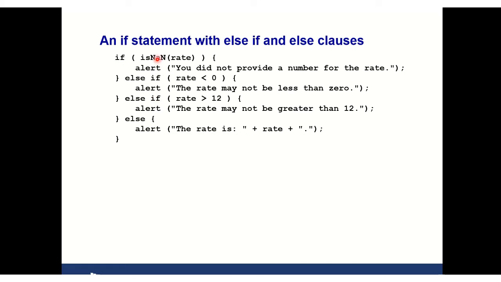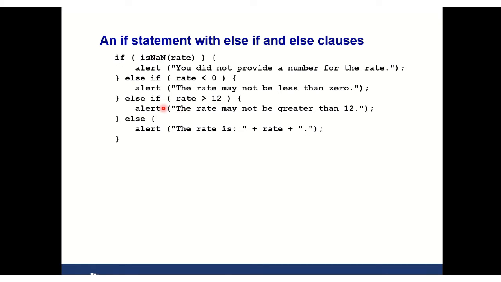But then if the rate is numeric, you would do further validation of the rate. If it is less than 0, it does not make any sense. If you talk about an interest rate and it is less than 0, it doesn't make any sense. So you say that the rate may not be less than 0. But then if the rate is more than 12, maybe there is a rule that the rate cannot be more than 12, then you say the rate may not be greater than 12.